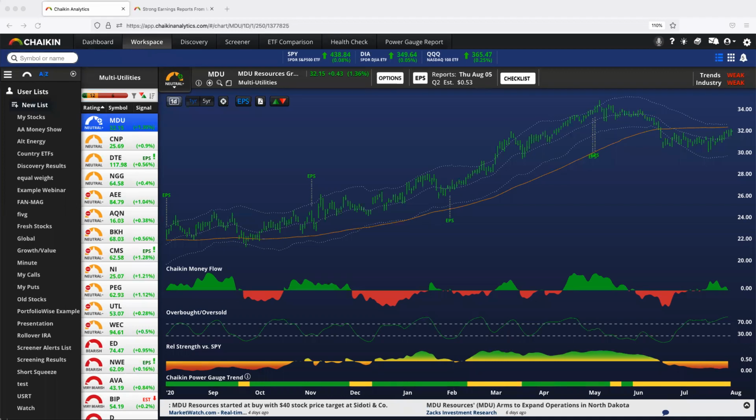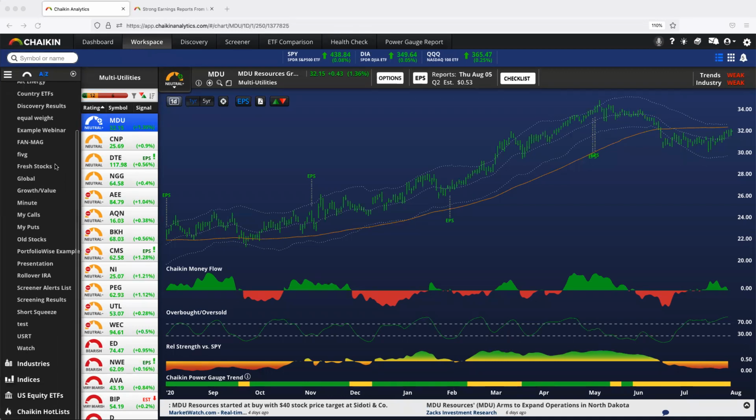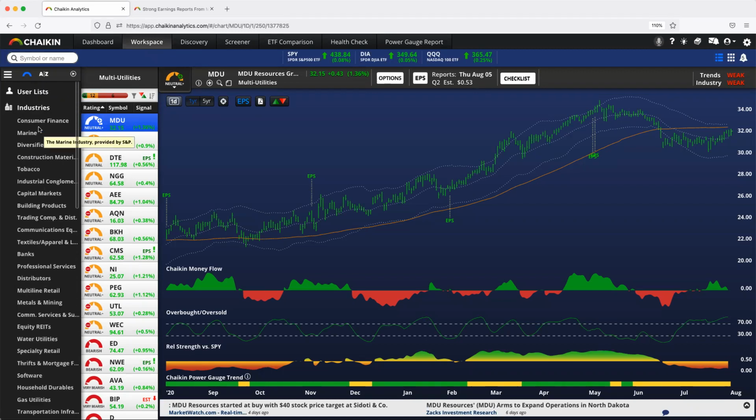This is the same for every industry group. And by the way, industries is listed, of course, here in your list panel, right? These industry groups are ordered by the power bar ratio. We'll talk about using the industry groups here in this list panel in the future in another video, but the industry group here in the top right corner comes from those power bars.